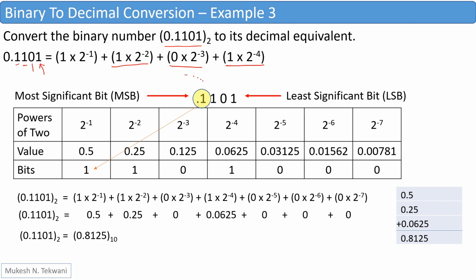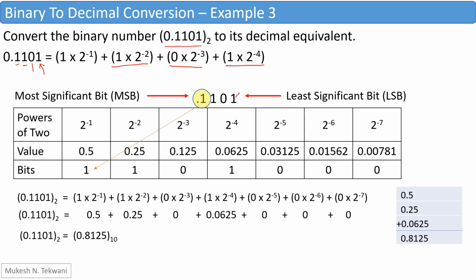Now this example is dealing with the fractional values of a binary number. We can observe one thing: in this 0.1101, the first bit 1 here becomes the most significant bit, whereas the bit 1 here is the least significant bit.